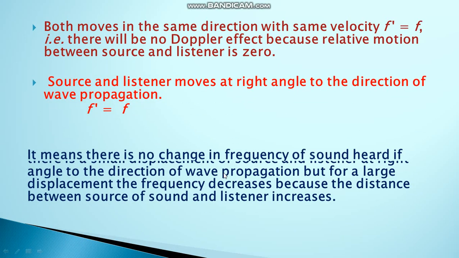Some important points: if both move in the same direction with the same velocity, then apparent frequency is equal to actual frequency, because there is no relative motion between source and listener. Second point: if source and listener move at right angles to the direction of wave propagation, there is no Doppler effect.